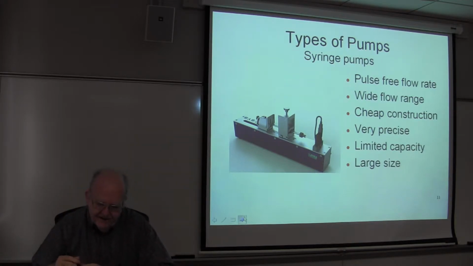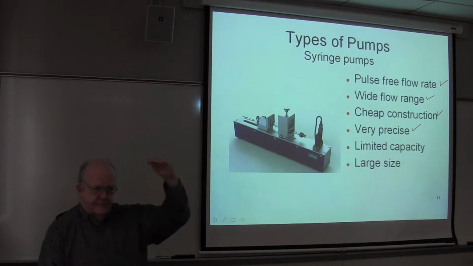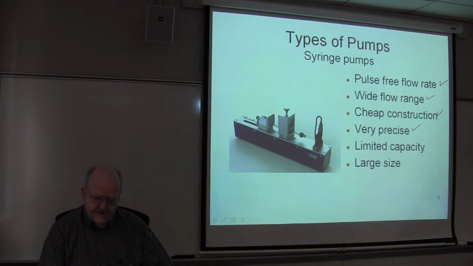It is highly free of pulses. They can cover a very wide range in flow rates. They're relatively inexpensive. The flow rates are really precise once they're up, once the fluid is completely compressed. But the problem is it's a finite volume. Nobody made a 10-liter syringe that would go to 5,000 psi.